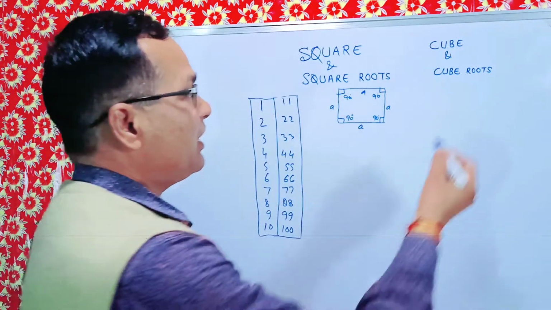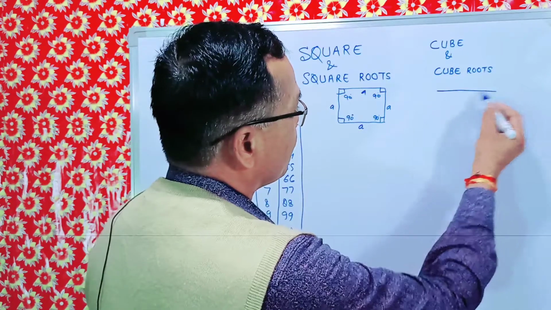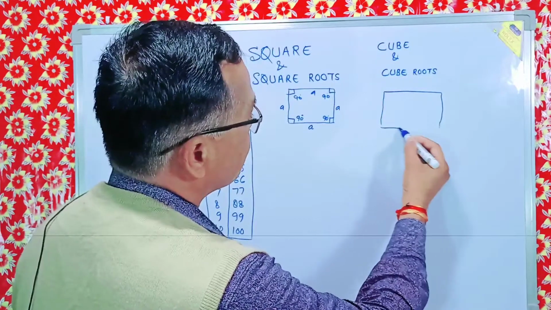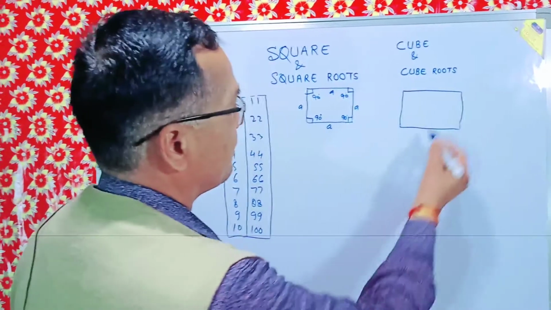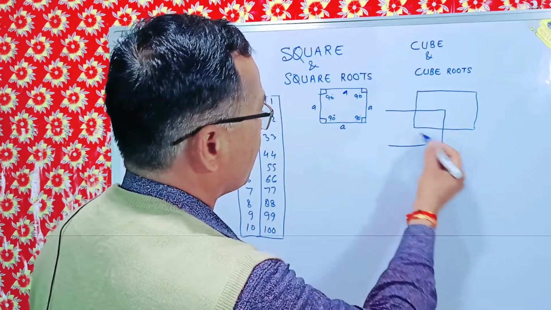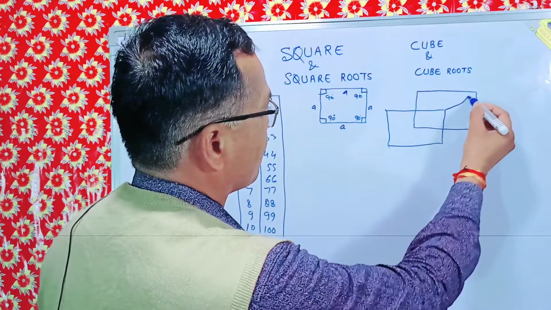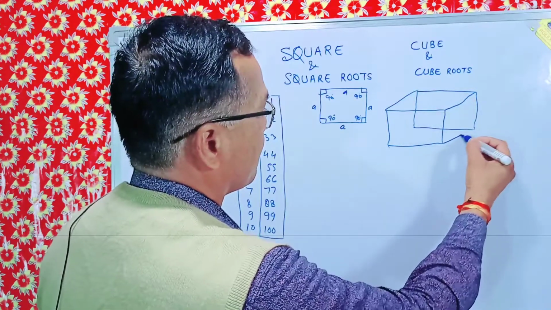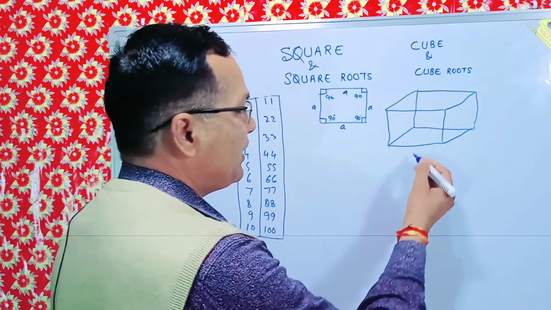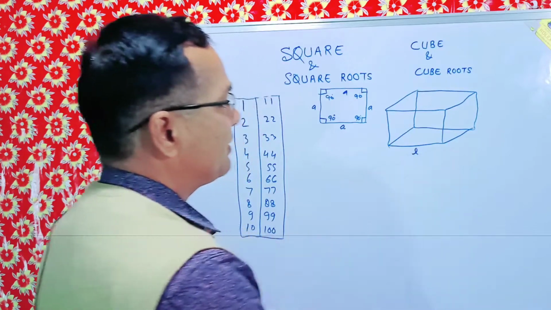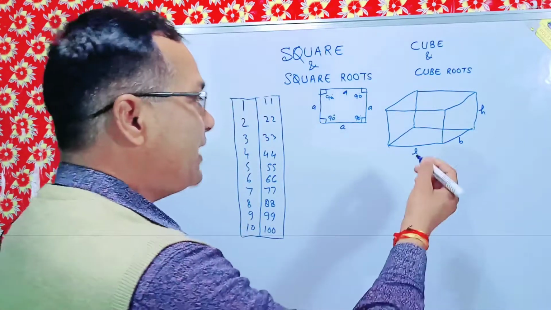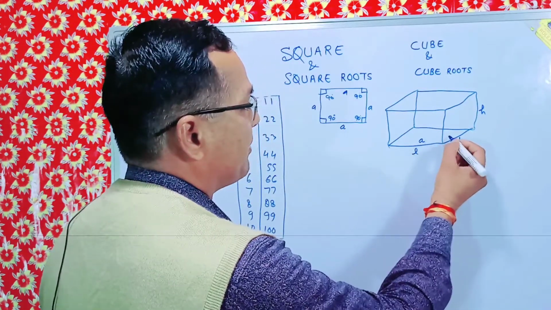At the same time, if I talk about cube, we should know the base of the cube is a square only. In the cube also, if this is the length, this is the breadth, and this is the height, then all the measurements are the same, a.